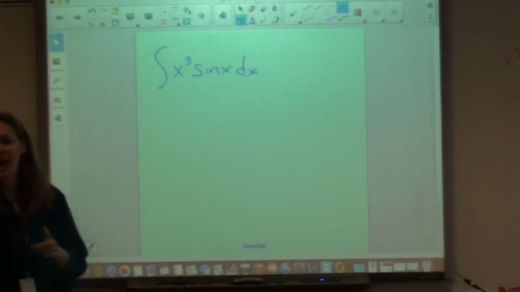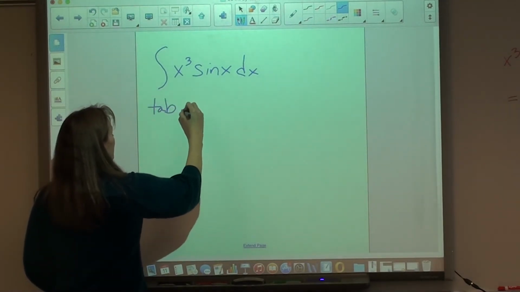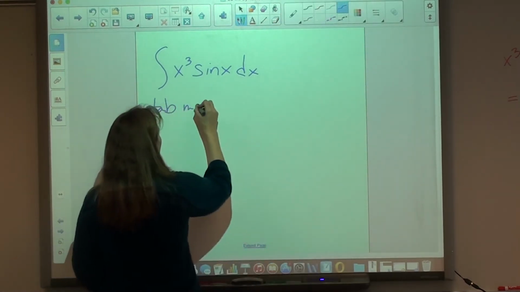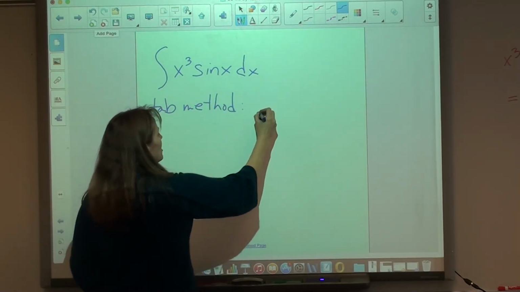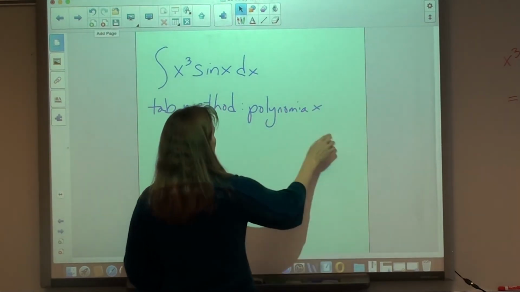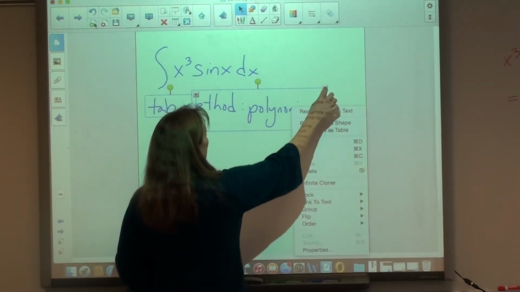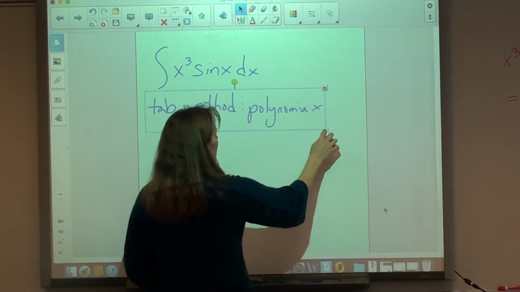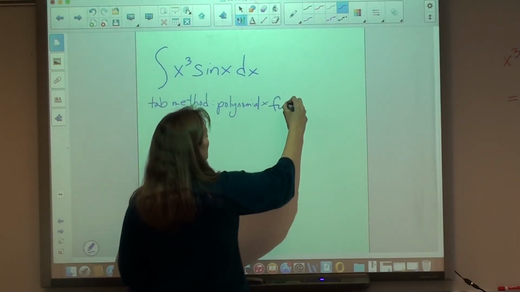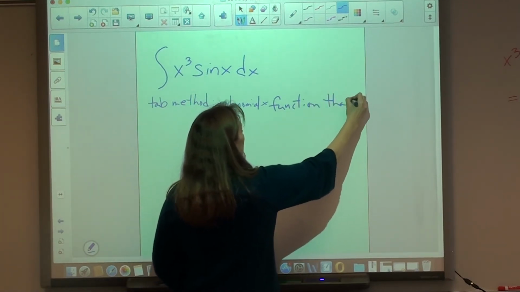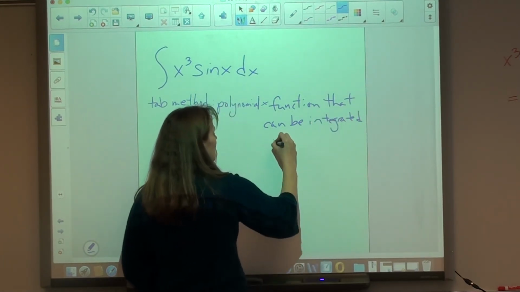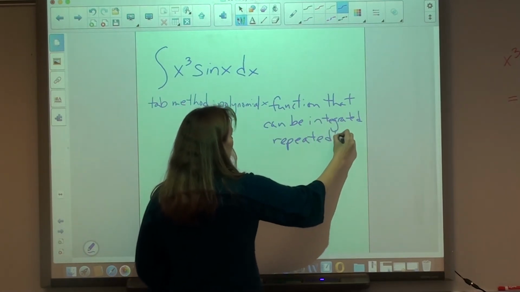Okay, so the tabular method. Polynomial times a function that can be integrated repeatedly, not just once, but over and over and over.